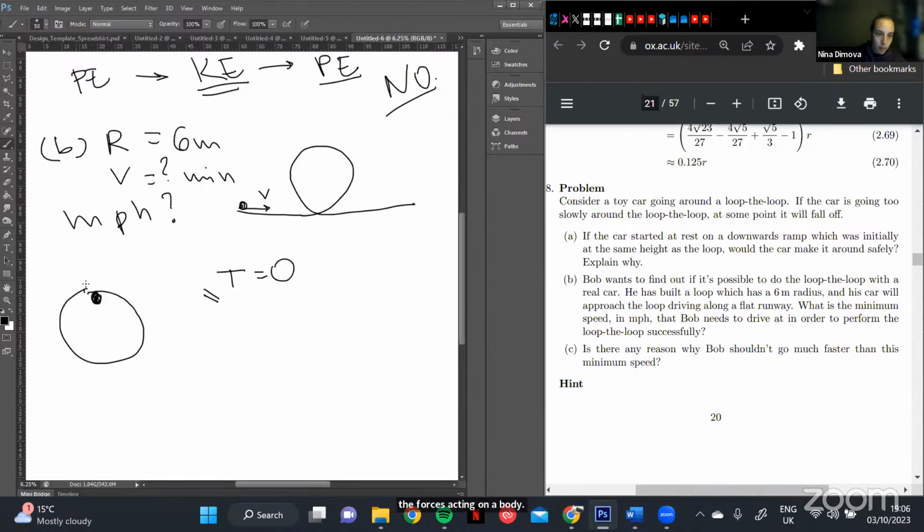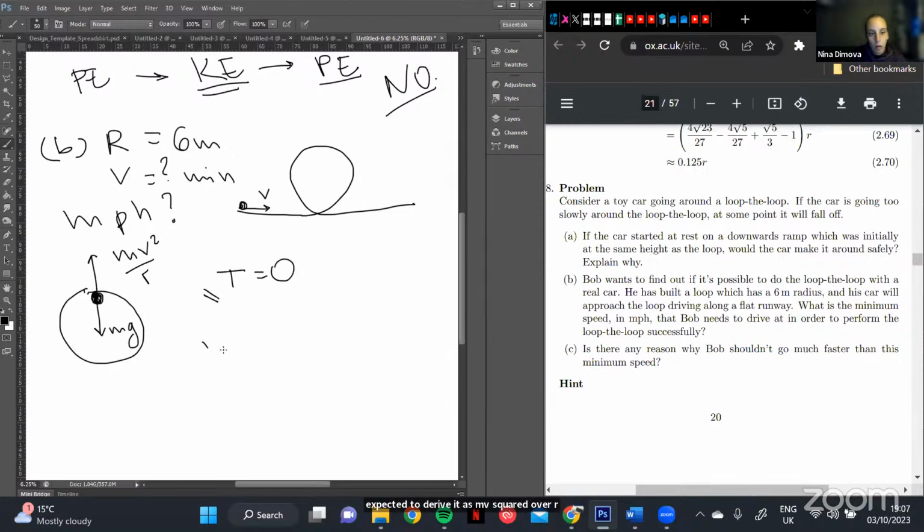Yeah. So the forces acting on the car would be gravity acting on it, as well as, because it's going around the loop, there would be a centripetal force acting on it. So the formula for centripetal force, you're not expected to derive it, is mv squared over r.